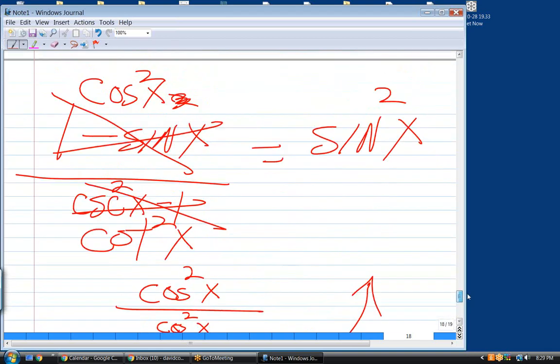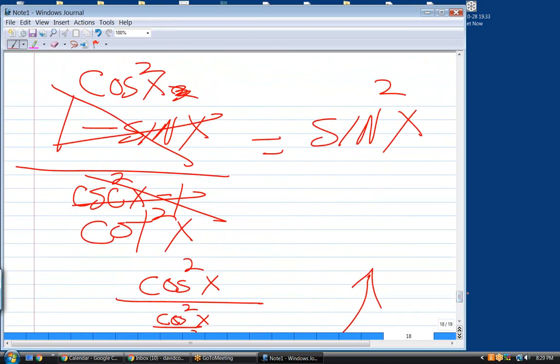So I just do the reciprocal and then the cosines. Well, primarily this was a Pythagorean identity, two of them, and then a quotient identity.